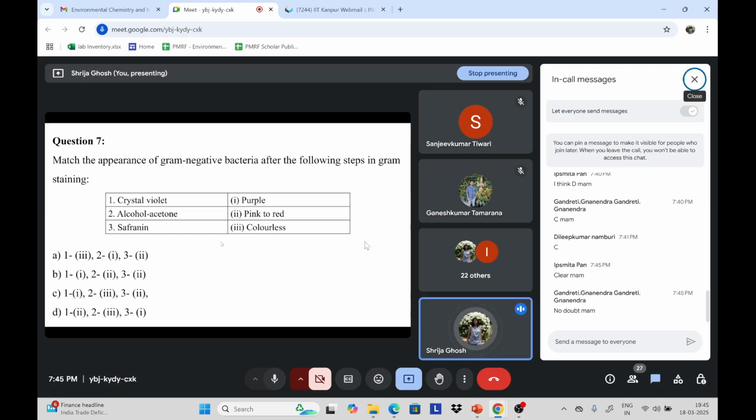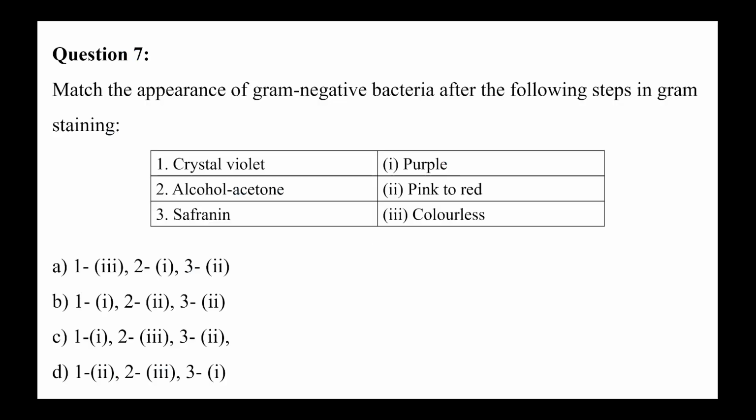Match the appearance of a gram-negative bacteria after the following steps in a gram staining. Crystal violet, alcohol acetone and safranin on one side, and you have purple, pink to red and colorless on the other side.